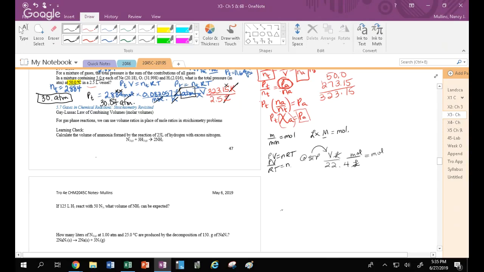But there is a nice little function about stoichiometry if you happen to have volumes. If you are talking about volumes, if I know that PV equals nRT, then PV over RT is n.